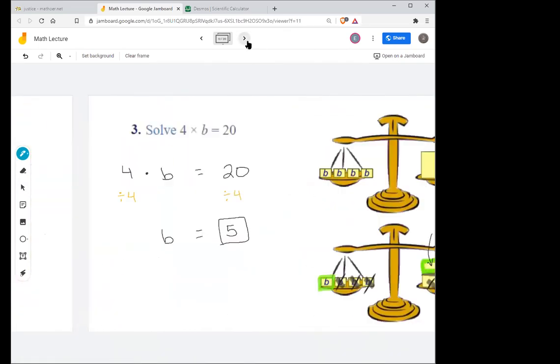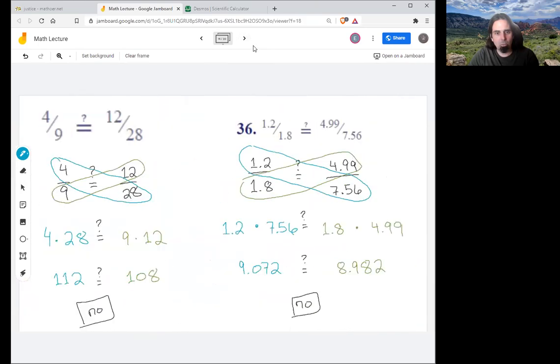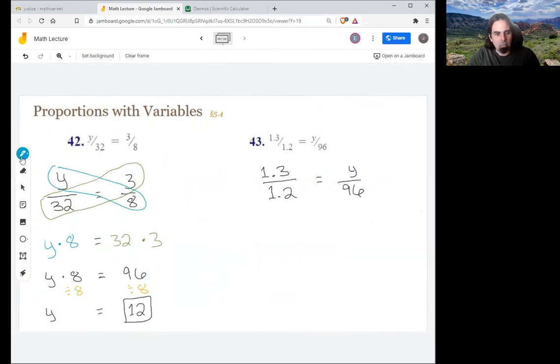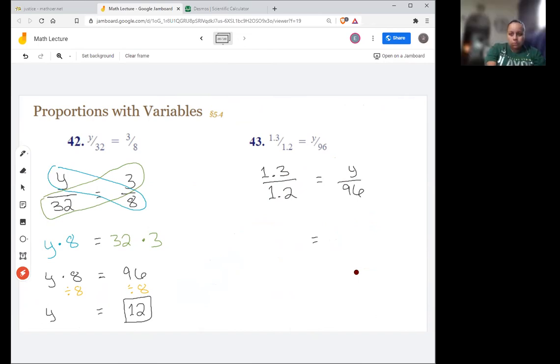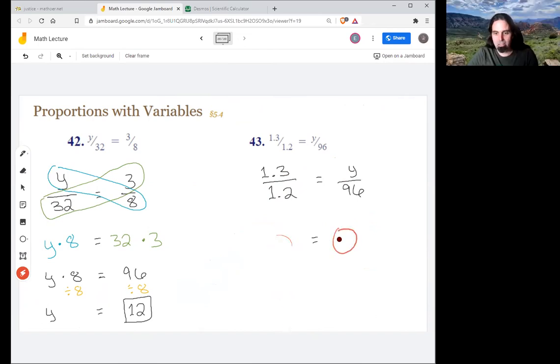Okay, so going back to where we left off, I have an equal sign. Does it matter which diagonal I put on the left or right side of the equal sign? No, it doesn't matter. If this equals that, it doesn't matter which one I say first, they're equal.